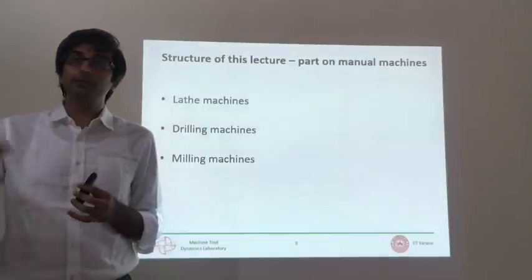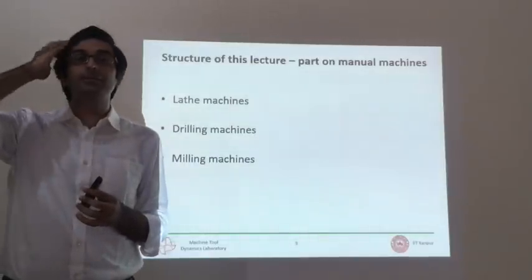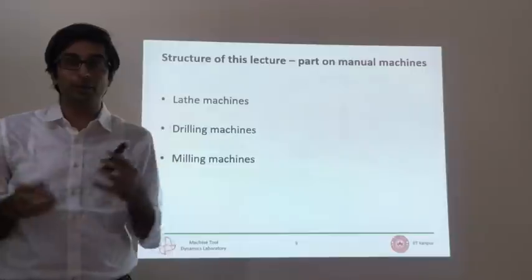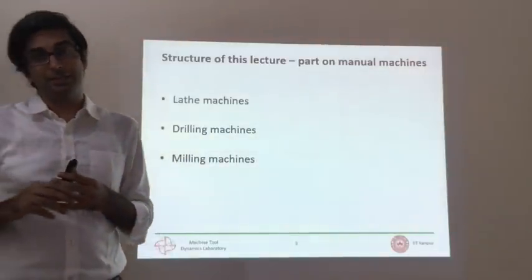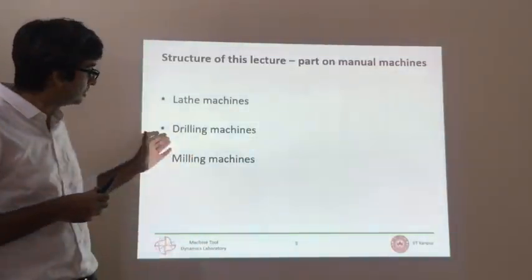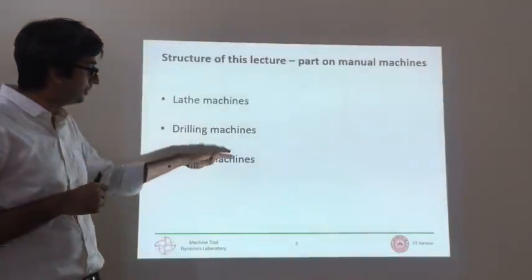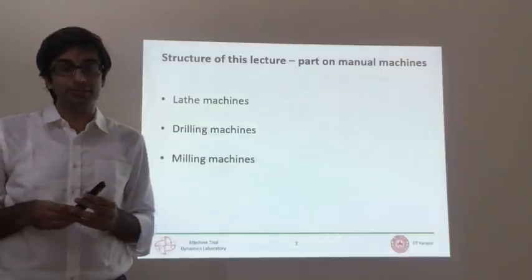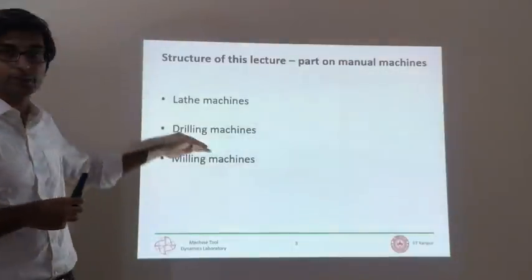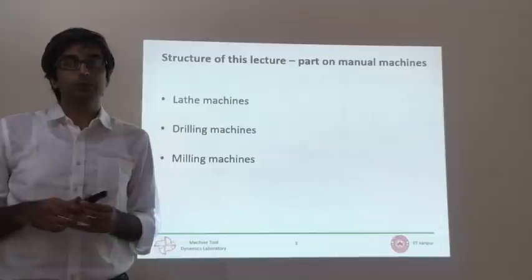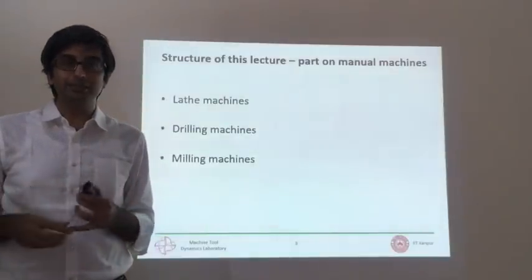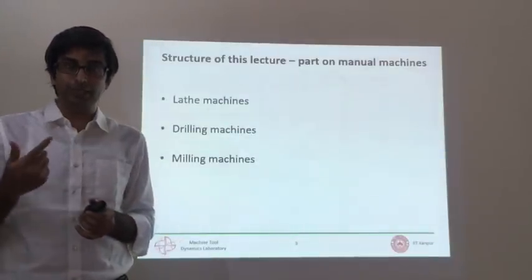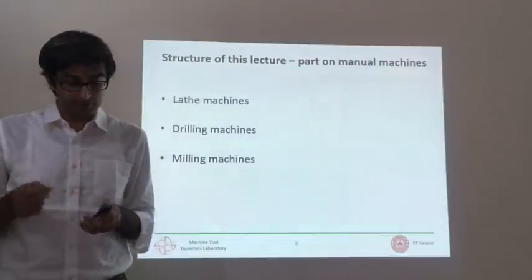The other machine of interest to us is the drilling machine, and drilling, I think the nomenclature is self-suggestive, in the sense it is used to make holes. And milling machines are used essentially to make flat or free-form surfaces, which cannot otherwise be possible on the first 2 machines. So we'll talk about the working principle of all these 3 machines, and we'll go first with the lathe, then with the drilling, and then with the milling machine.